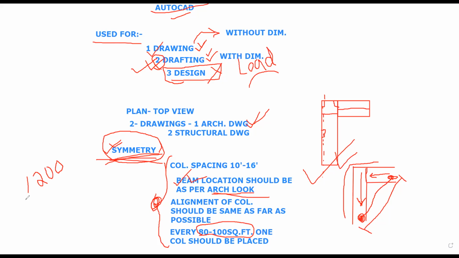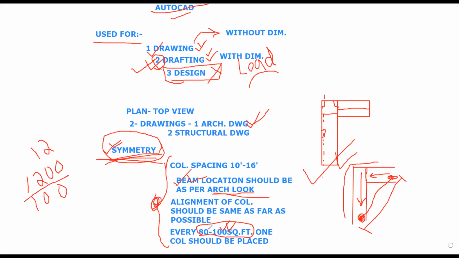I have told you one column should be placed per 80 to 100 square feet, that means every column occupies 80 to 100 square feet of the total area. So how many columns will you place? You have to divide 1200 by the area of the column, so here you can place 12 columns in all the area.